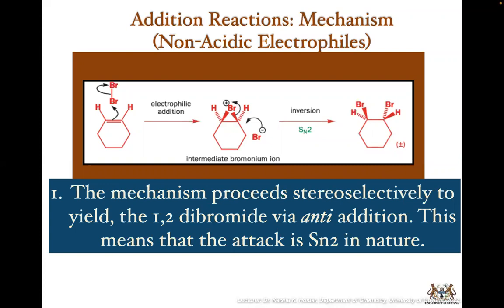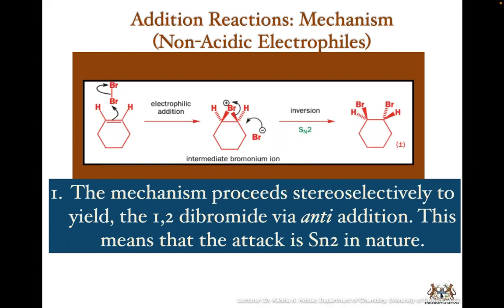Our alkene pi electrons attack the first bromine atom, causing the second one to leave, leading to the formation of our bromonium species, which is then subject to SN2 ring opening.